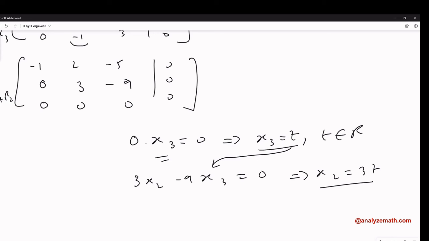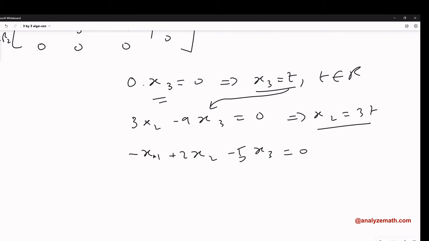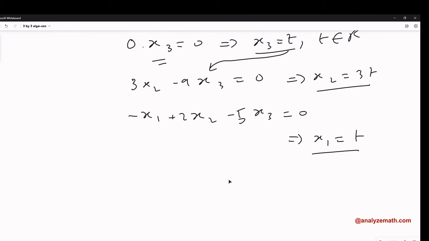So the first equation, go back to the first equation, that gives you minus x1 plus 2x2 minus 5x3 equal to 0. Substitute x2 by 3t here, substitute x3 by t here. When you do all this and you solve, you will get x1 equal to t. This you will have to do, otherwise it's going to take a little bit of time.